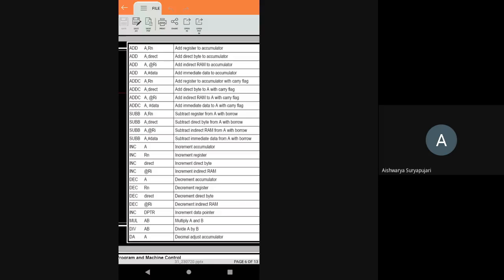R0 मध्ये 0F हा डेटा आहे आणि मी इन्स्ट्रक्शन दिलेले आहे INC R0. तर ह्या इन्स्ट्रक्शन नंतर रिझल्ट काय मिळेल? So definitely it will increment, but what answer it will give or what will be the result, that I want to know from you. So take 1 minute and try to give the answer.